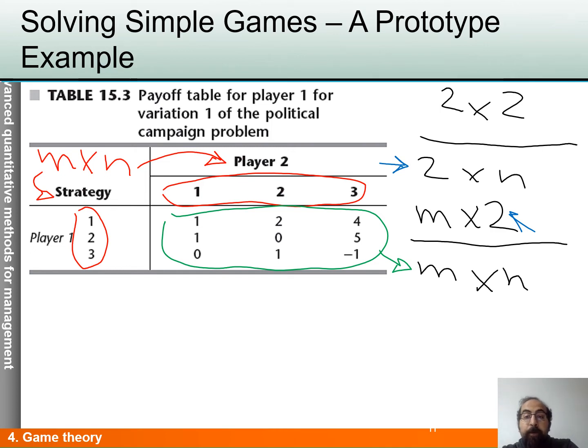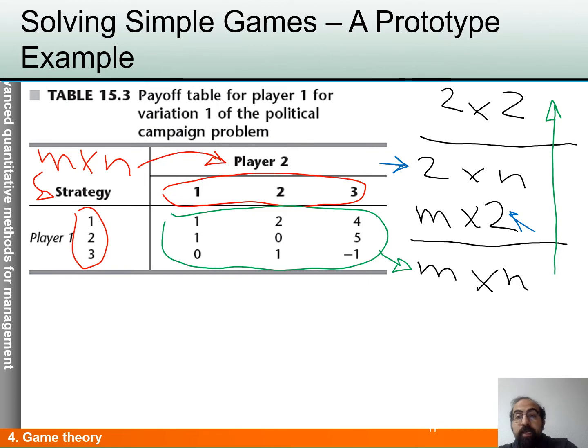And I need to apply linear programming, the simplex and the other items. But by dominant strategy, I try to reduce the size of the table, optimistically and ideally toward 2 multiplied by 2. But if it's possible to just change it to 2 multiplied by n or m multiplied by 2, that is a better, easier and faster solution than linear programming.